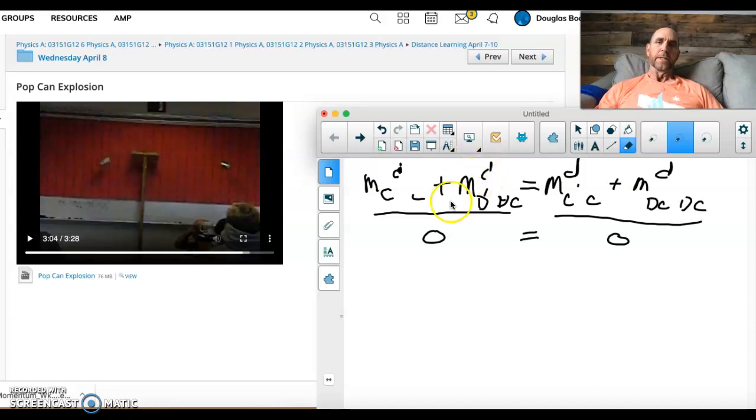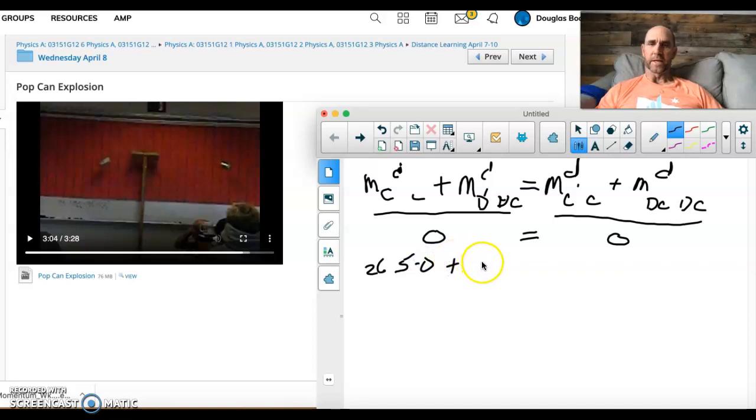Okay? So let me put in some numbers here for you. The Coke can has a mass of 26.5, times 0, plus the Diet Coke can has a mass of 13, times 0. And I artificially put some weight on the bottom of the Coke can just to show you. Otherwise, they should both fly the same distance if they were the same weight, right?